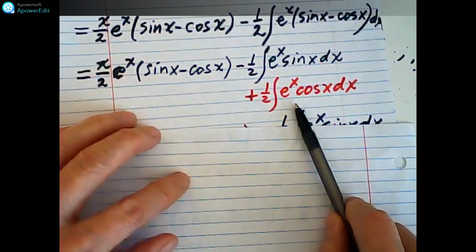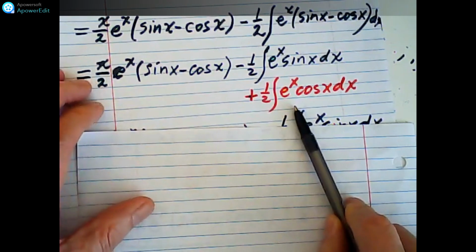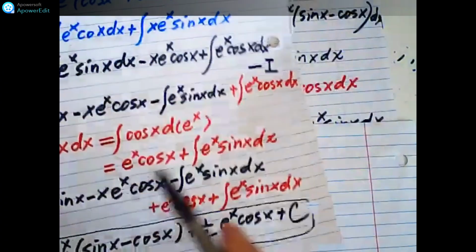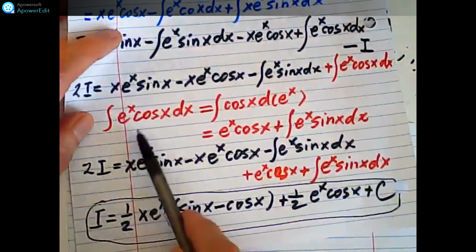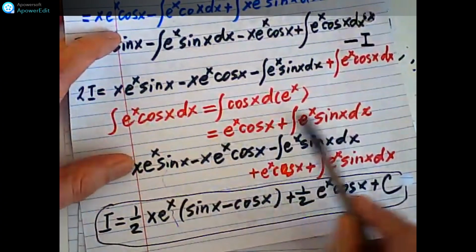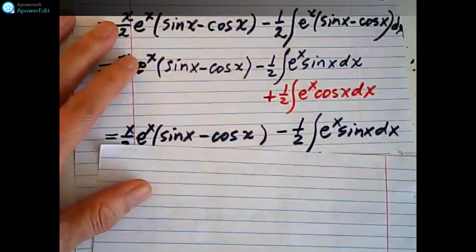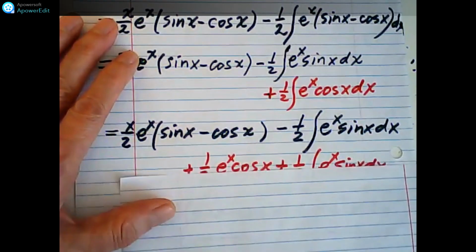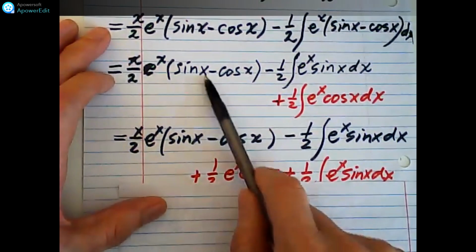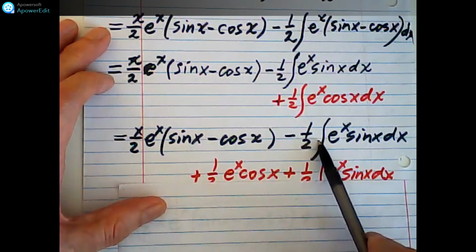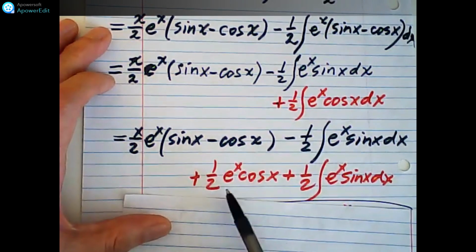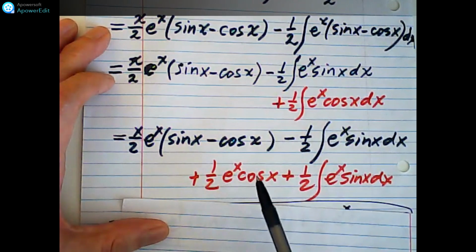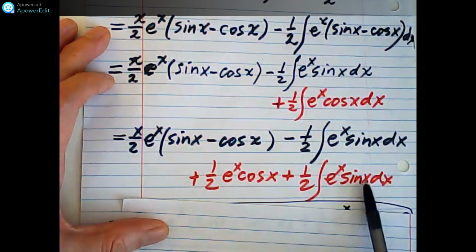So this integral we have seen in method 1. This integral is this. So we simply replace the result. You get this is this minus this is this. This one becomes this. This integral is this plus that.